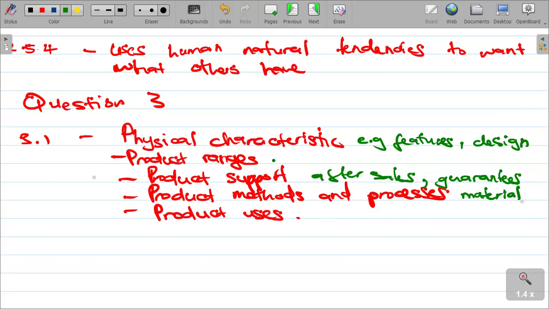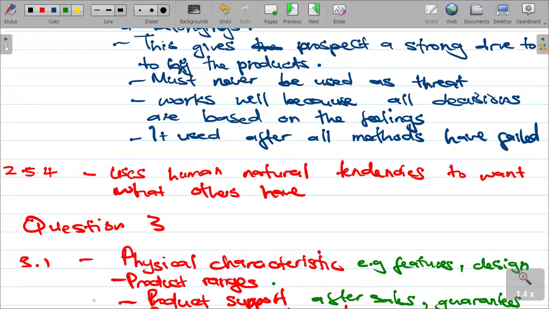Right, you're supposed to know the manufacturing process. And then product uses. We're talking about how the product is used, or new uses for products. Right. Let's move on.